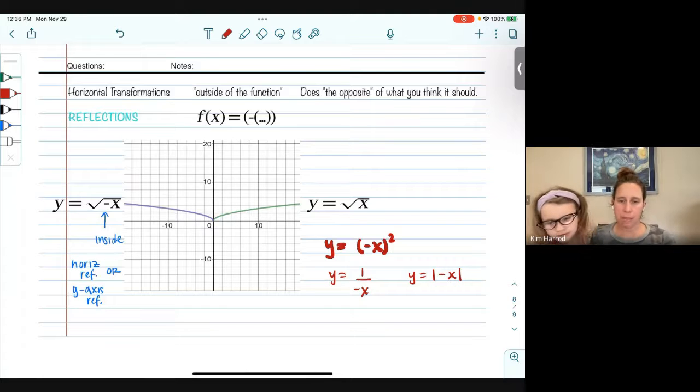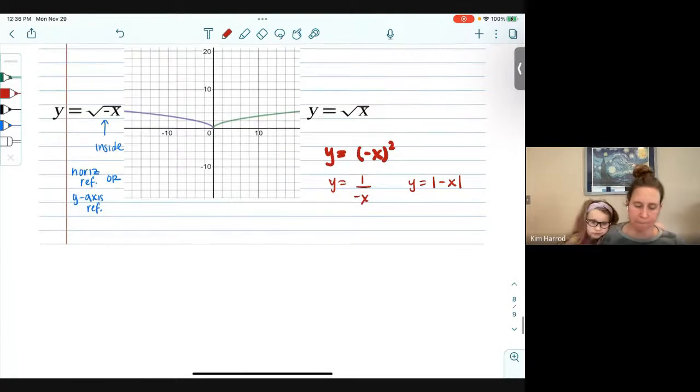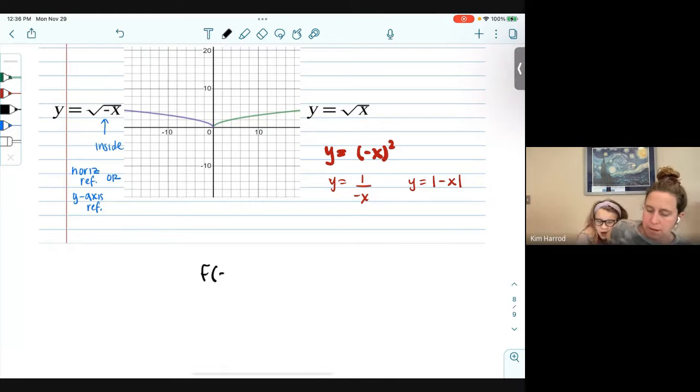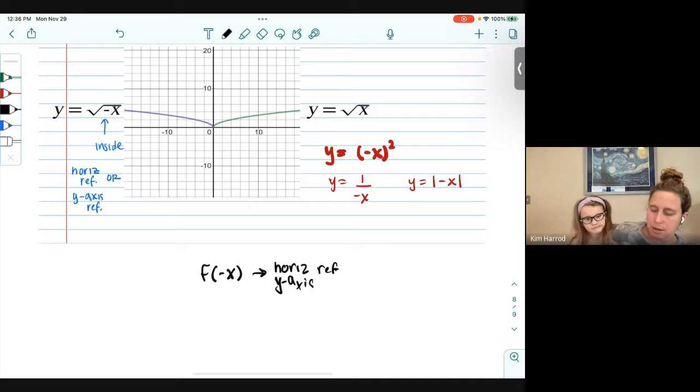That's a couple of examples of insides. So let's summarize that. When the negative is here, that is going to show up for us as a horizontal reflection, or if you would rather call it a y-axis reflection.